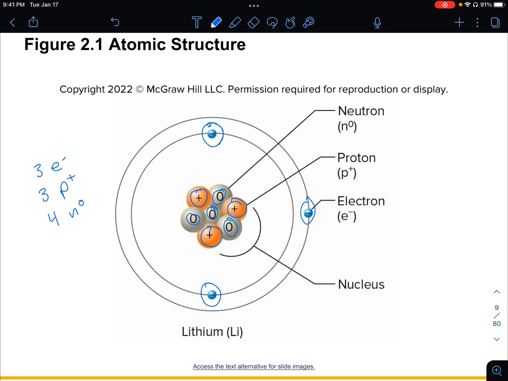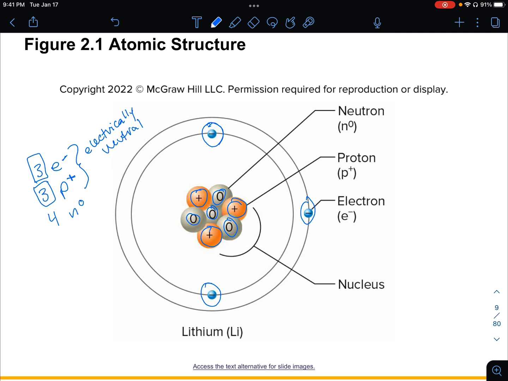So our 3 electrons give us an electrical charge of 3, and 3 protons, electrical charge of 3. These are going to cancel each other out. Does this make it electrically neutral? Yes, this is electrically neutral.